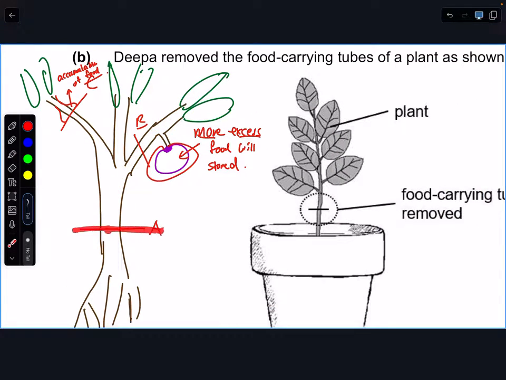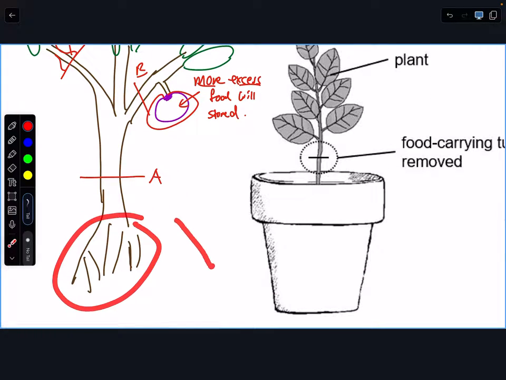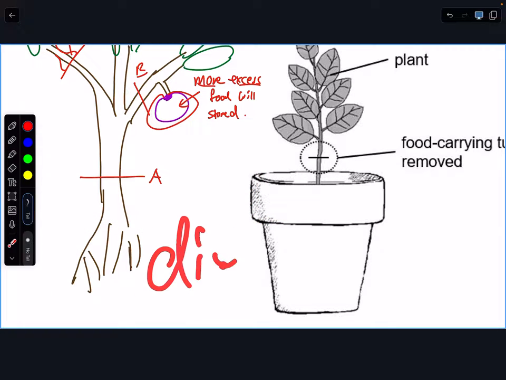So if you cut it here, all the food cannot go down towards the roots. While your leaves may be very busy making food, all the food cannot go past point A. Eventually, your roots have no food, and eventually, they will die.